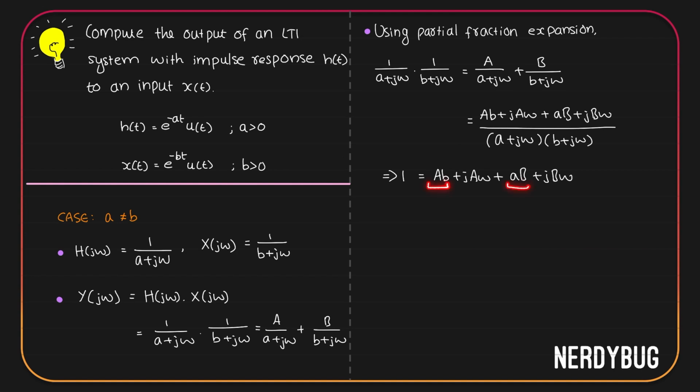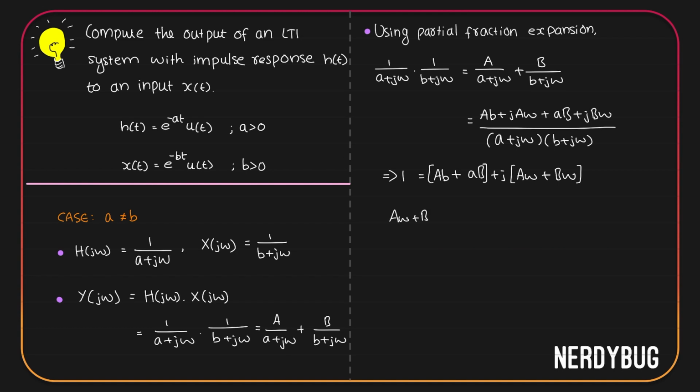Let us group the real terms together and the imaginary terms together. We get ab plus j times a omega plus b omega. We can equate the real part and imaginary part from RHS and LHS, but LHS is simply 1. It doesn't have an imaginary part. So on the right hand side also, we shouldn't have an imaginary part. That means this has to be equal to 0.